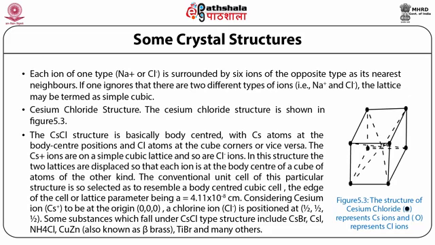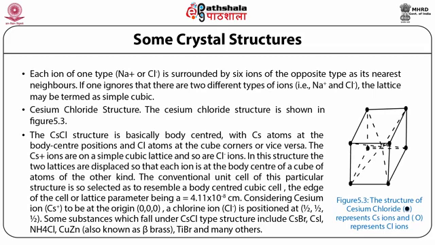The Cs+ ions are on a simple cubic lattice and so are Cl- ions. In this structure, the 2 lattices are displaced so that each ion is at the body center of a cube of atoms of the other kind.